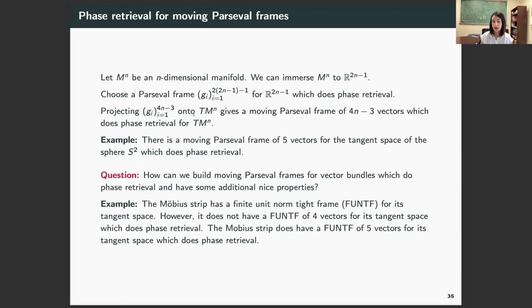However, it does not have unit norm tight frames of 4 vectors in its tangent space which does phase retrieval. And if you think about 5 vectors using the Mobius strip, you can do the job, and it does phase retrieval. So those were the questions that we would like to ask.